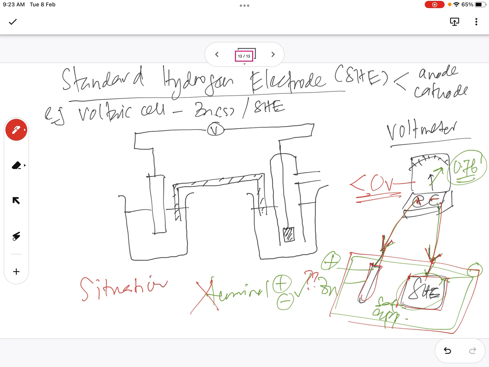One, you touch the positive and negative terminals and there is a positive reading. The other situation, positive and negative terminals, the reading is below zero. So when we get below zero, the terminals we connected are wrong. The positive and negative terminals are wrong. Now we know we got a reading below zero. If I still want to get a reading above zero, what should I do?